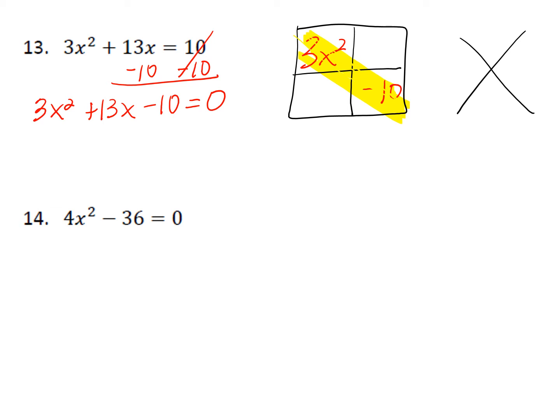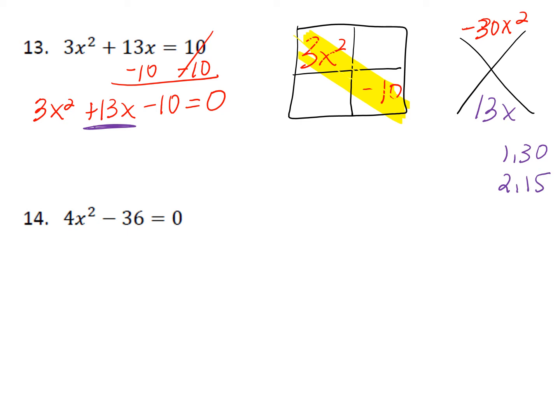In that case it would be a negative 30x squared. And then we want to see what adds up to give me 13x. So if we list our factors of 30, again, I'm not going to worry about the negative right now. We've got 1 and 30, 2 and 15.